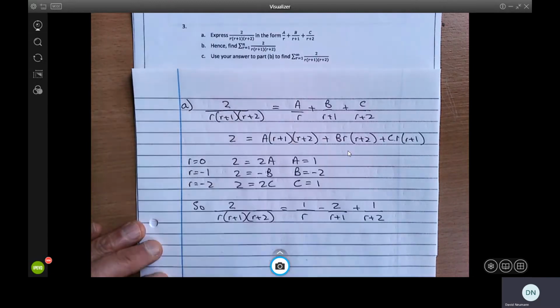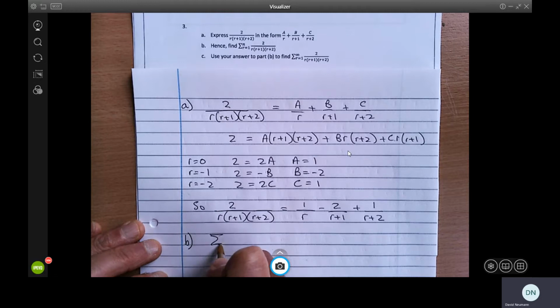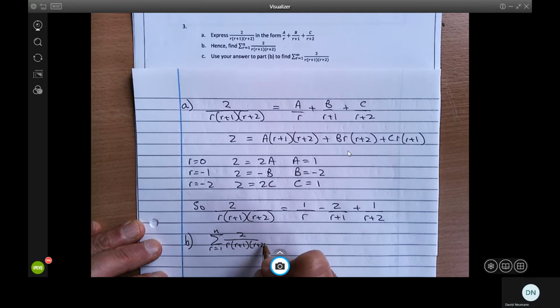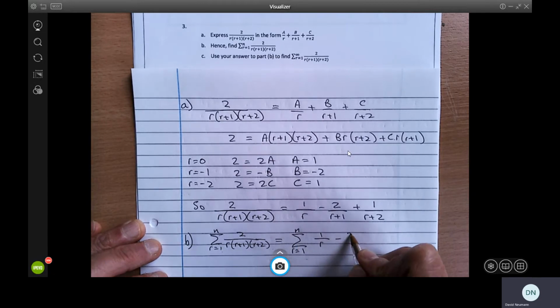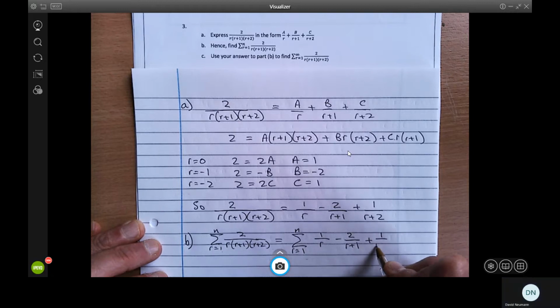So hence, find the sum of this series. Well, let's write that sum out. The sum from r equals 1 to n of 2 over r plus 1, r plus 2 is going to be equal to the sum from r equals 1 to n of 1 over r minus 2 over r plus 1 plus 1 over r plus 2.